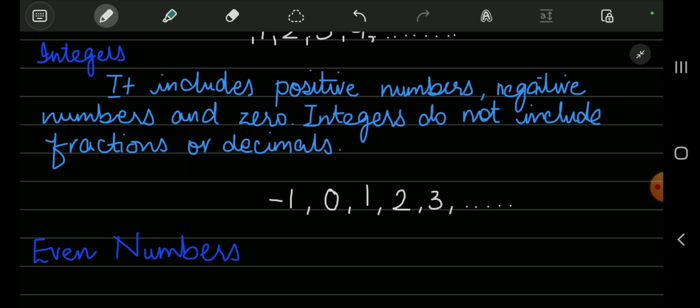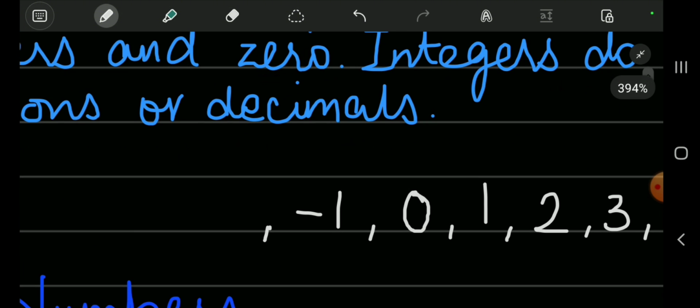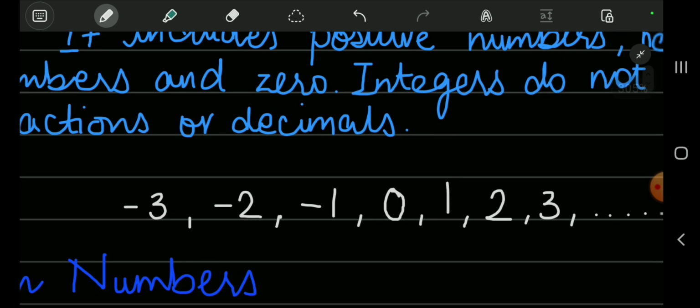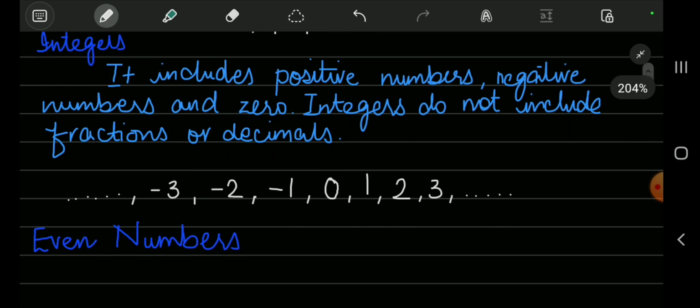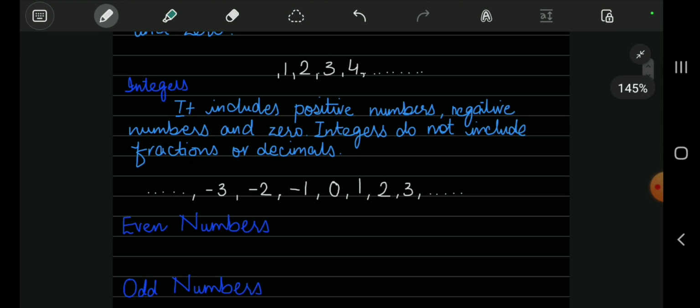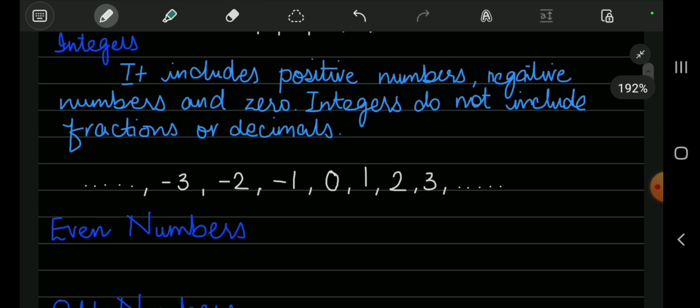You know that the negative numbers are on the left side of 0, so -1, -2, -3 and so on. So integers include positive numbers, negative numbers and 0, and integers do not include any fractions or decimals.